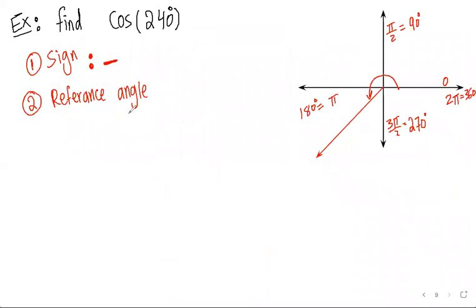The reference angle. The reference angle is the acute angle between the terminal side, this is my terminal side, and the x-axis. This is my acute angle. This is the reference angle. So what's the value for the reference angle?